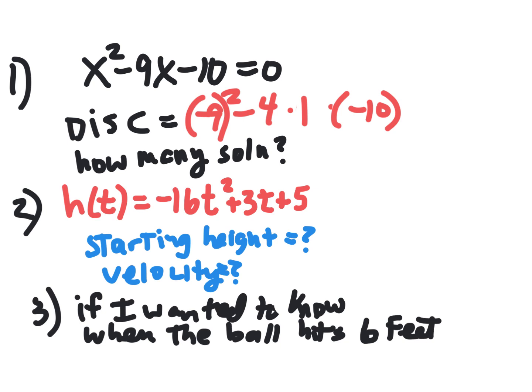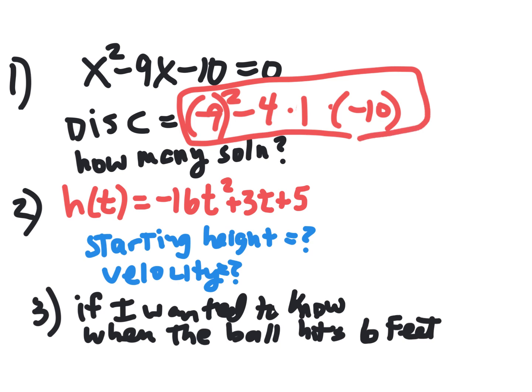How many solutions? Well, I can tell you this, Ian. It's going to be a big positive number. So how many solutions will I have if the discriminant comes out positive? I did not finish the equation. All right, let's finish this. That comes out to 81 plus 40, which is 121.